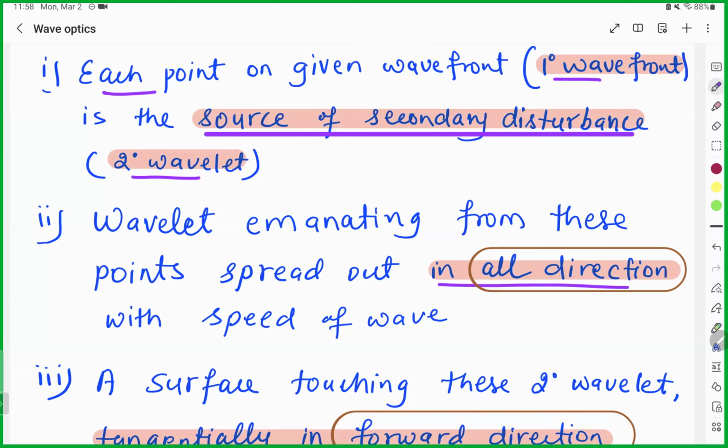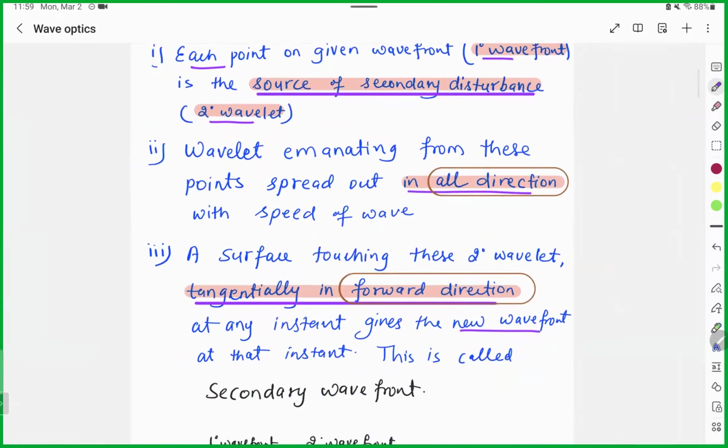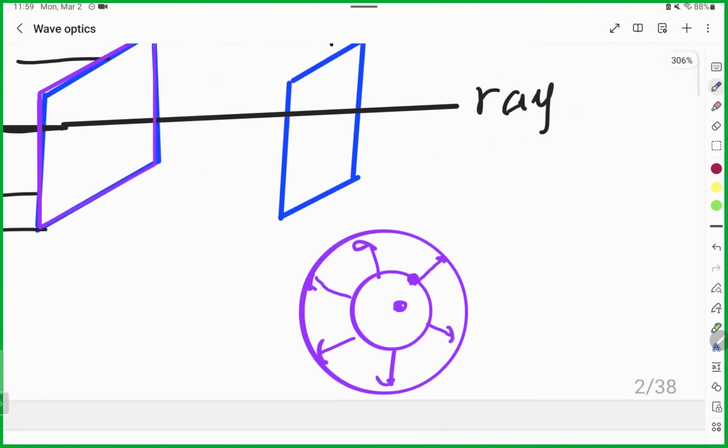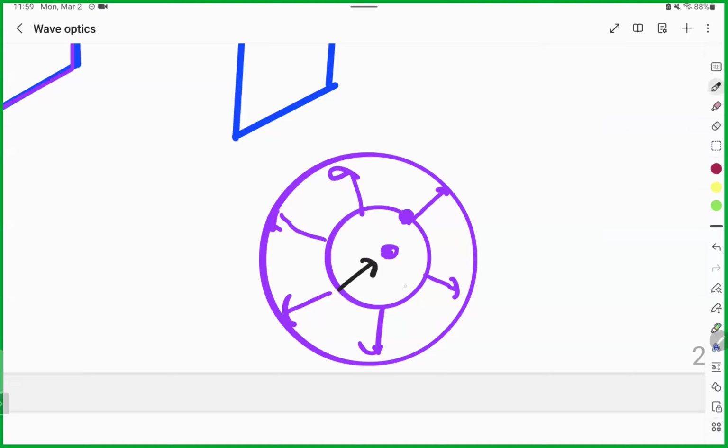So guys, whenever a wavelet comes from the source, it will move in all directions. Third thing I already mentioned: it will move tangentially outward in the forward direction. It will never go back. When I mention forward direction, it can never come the opposite way.